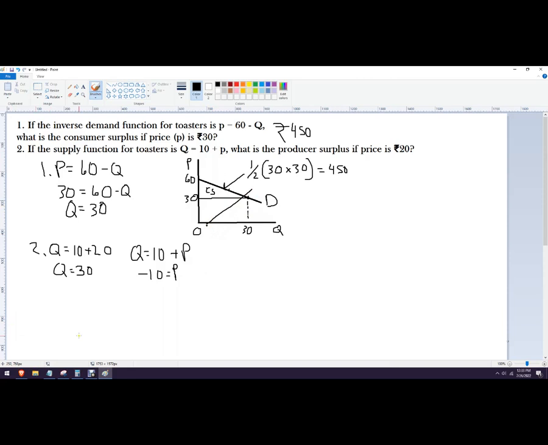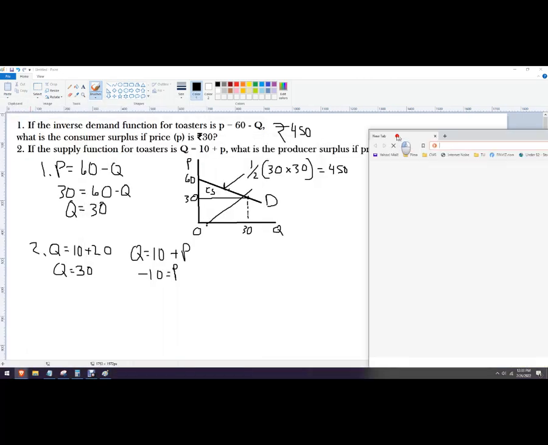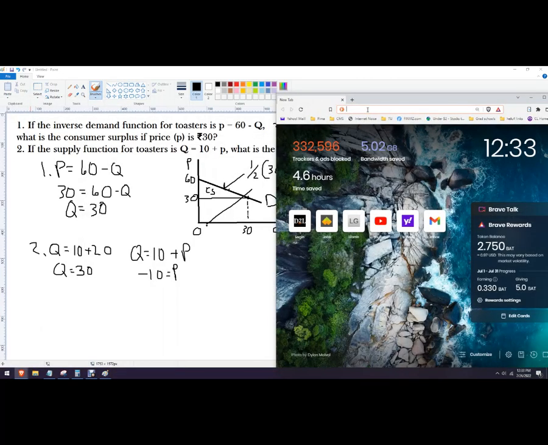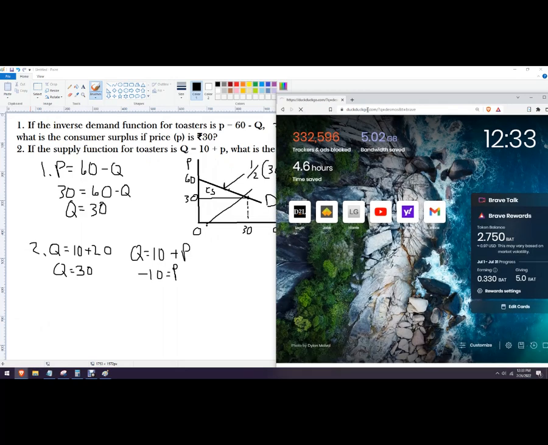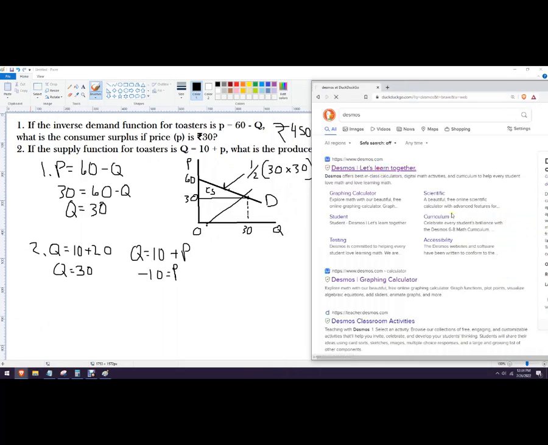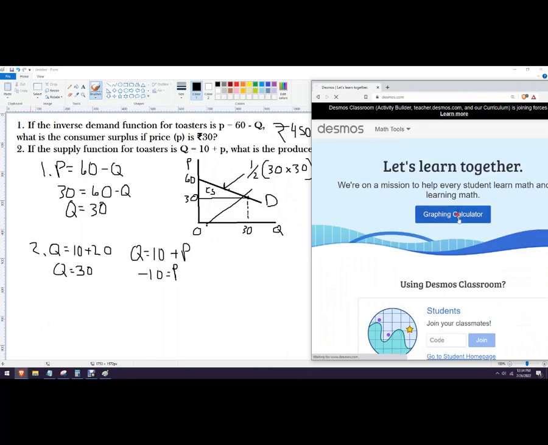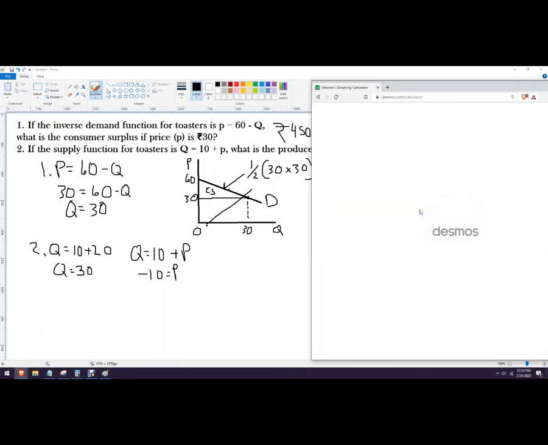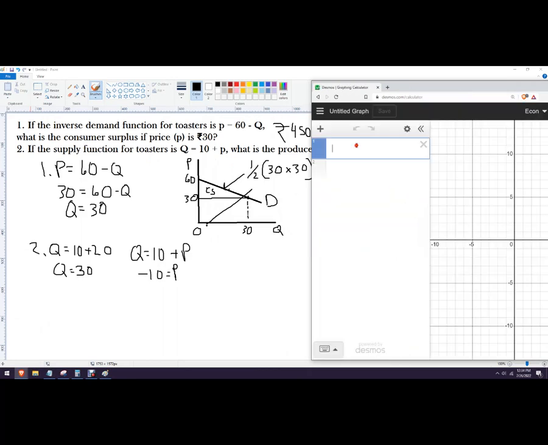And let's go ahead and graph both of these and we'll see the answer. So just plug them both in. So plug in that first one.